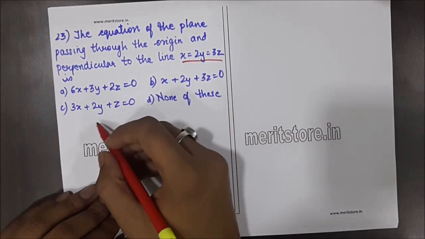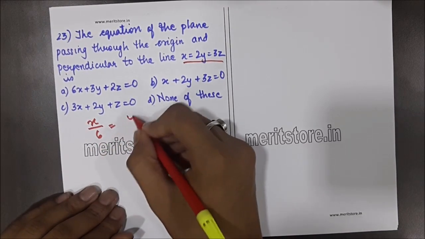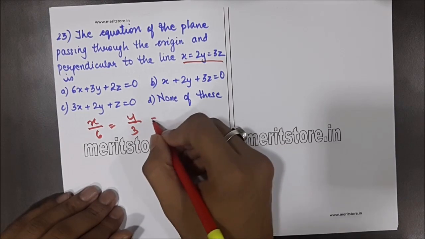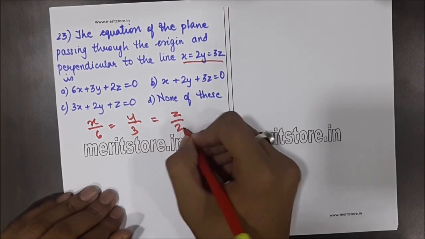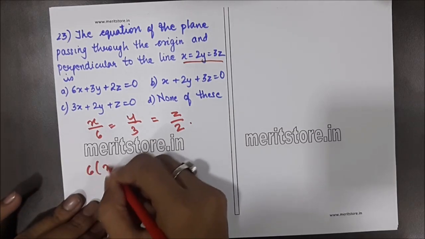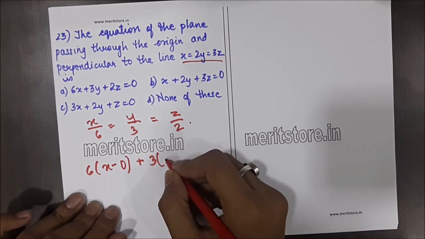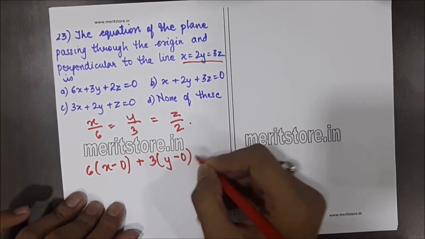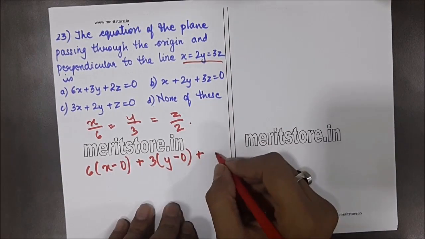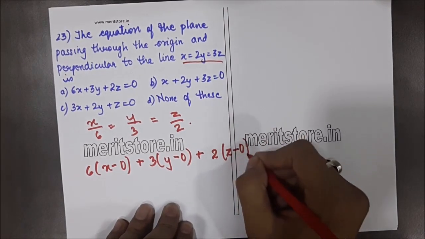The line would be x upon 6 equal to y upon 3 equal to z upon 2. So the required plane is 6 times (x - 0) + 3 times (y - 0) + 2 times (z - 0).